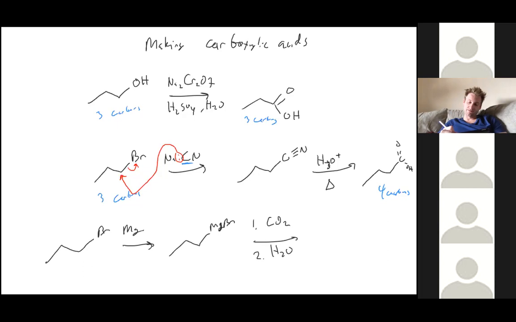Our Grignard can attack a CO2, creating a carboxylate, which we can protonate with the water to get to here. Again, we're adding an extra carbon. So we're starting with 3 carbons and we're ending with 4.